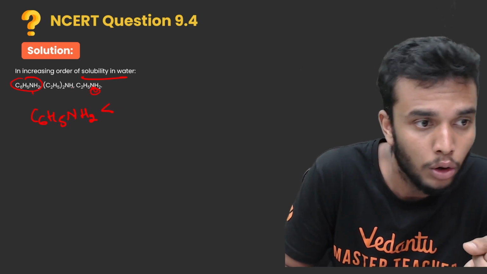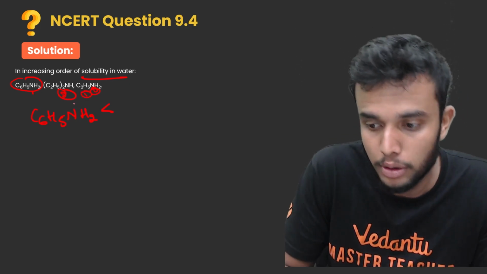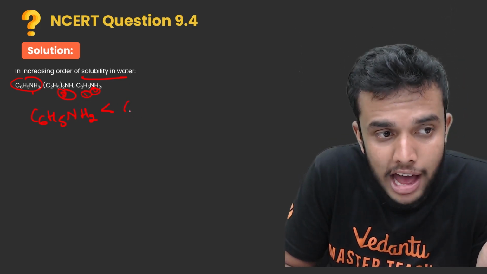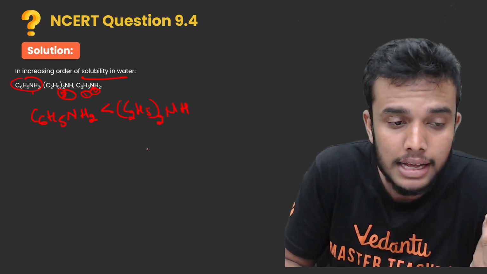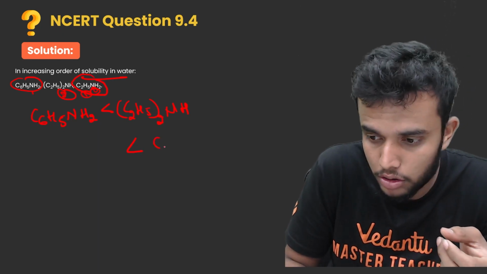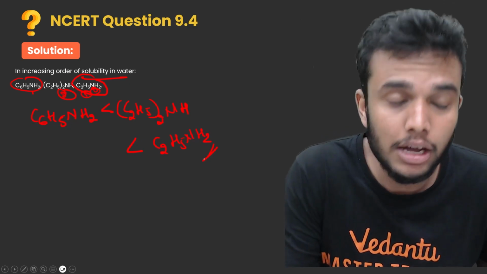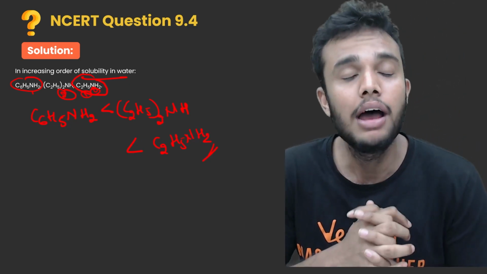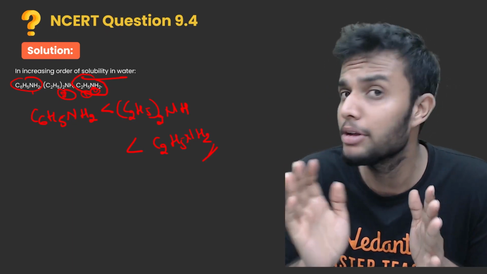Next, here two C2H5 groups are there, here one C2H5 group is there. That's why C2H5 2NH comes first. Why? Compared to this, here intermolecular hydrogen bonding is more than in this molecule. Finally, we write like this. Understood, students? This is the increasing order for every reaction and every molecule.